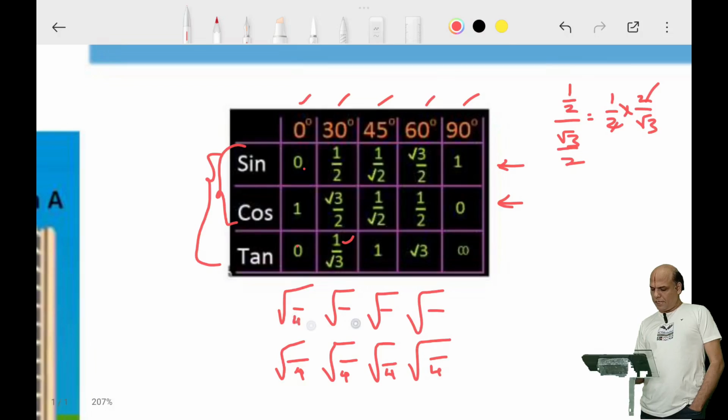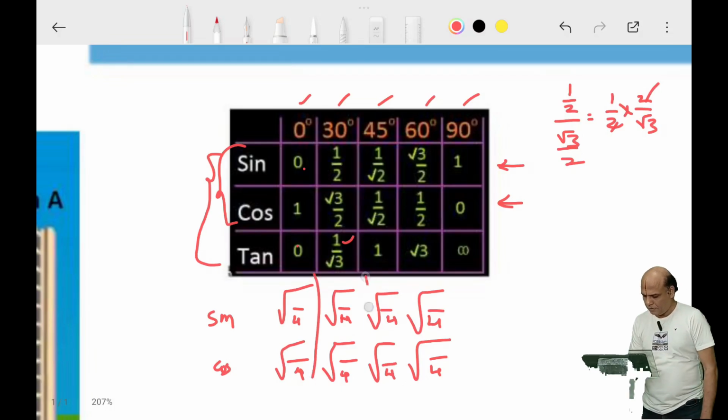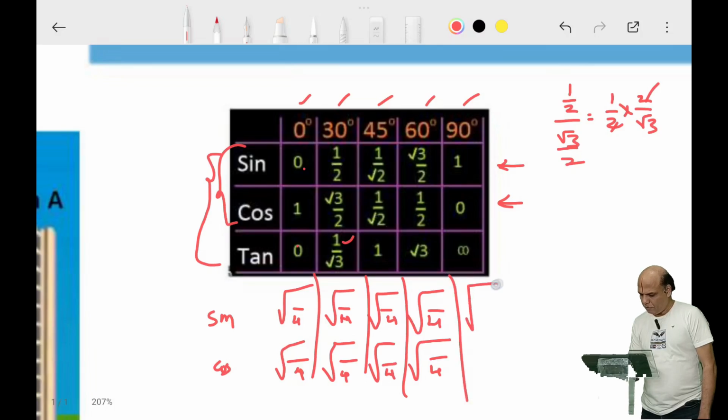Here also for sine, 4, 4, 4 and 4. I hope you are getting what I am saying. This is sine and this is cos, for 0, 30, 45, 60 and one more, 90.